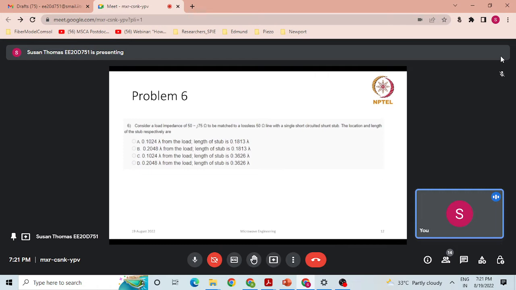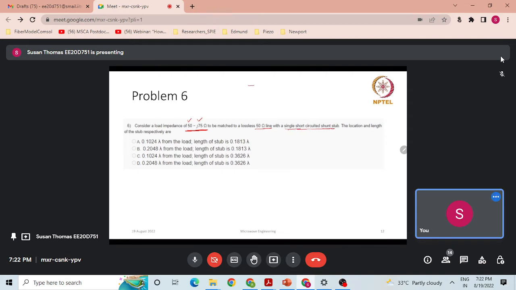So consider a load impedance which has real component and reactive component, and this has to be matched to a 50 ohm line with a single short circuited shunt stub. So now you need to understand what a single short circuited shunt stub is.